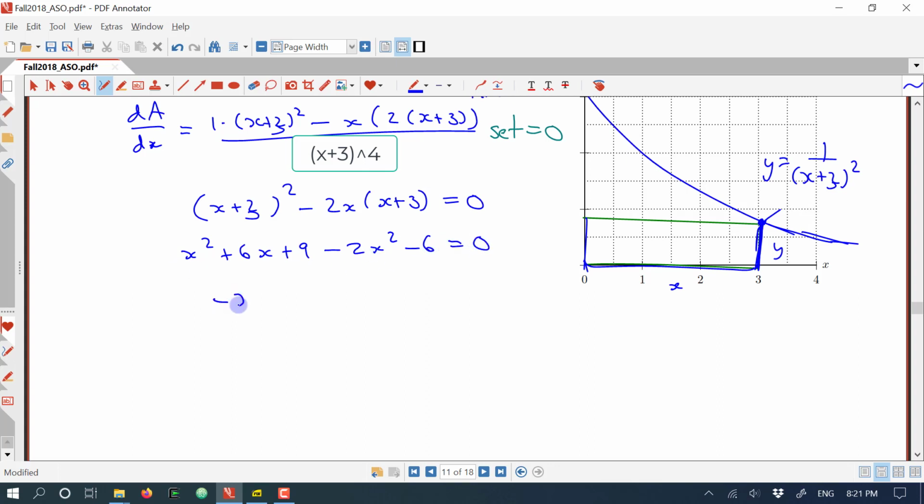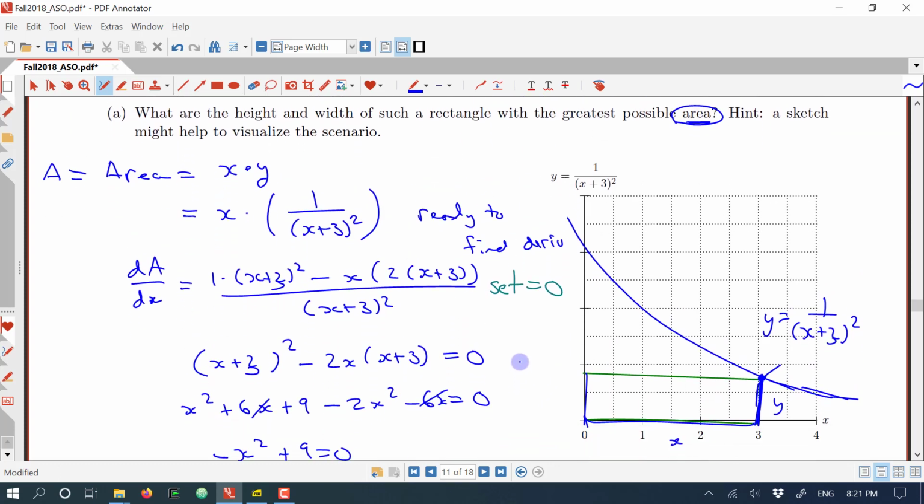Oh, the 6x terms cancel. That's nice. We end up with negative x squared plus 9, and so we get x equals 3 or minus 3. Minus 3 is outside the domain, so we can leave it out of consideration. It looks like x equals 3 is going to be the value we're looking for.